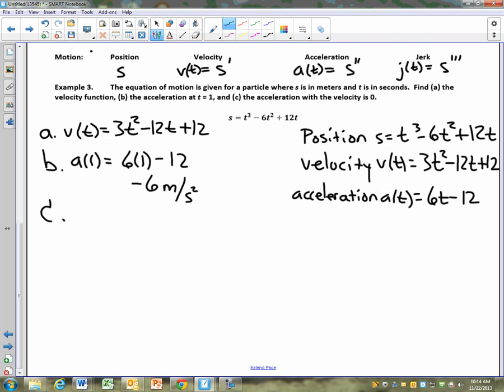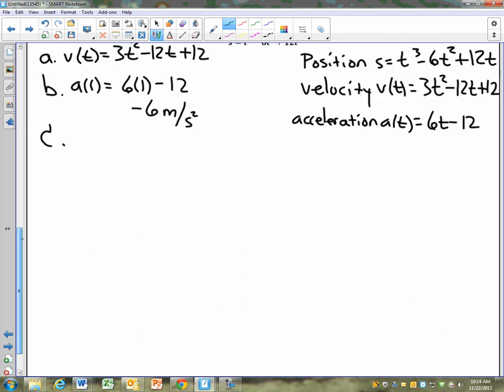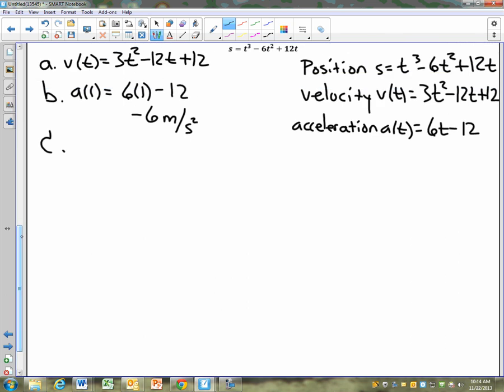And then C, it says the acceleration when the velocity is 0. What do I need to do first? Find the velocity when it's equal to 0. So what I have here is 0 equals, I'll factor out a 3. I get t squared minus 4t plus 4.